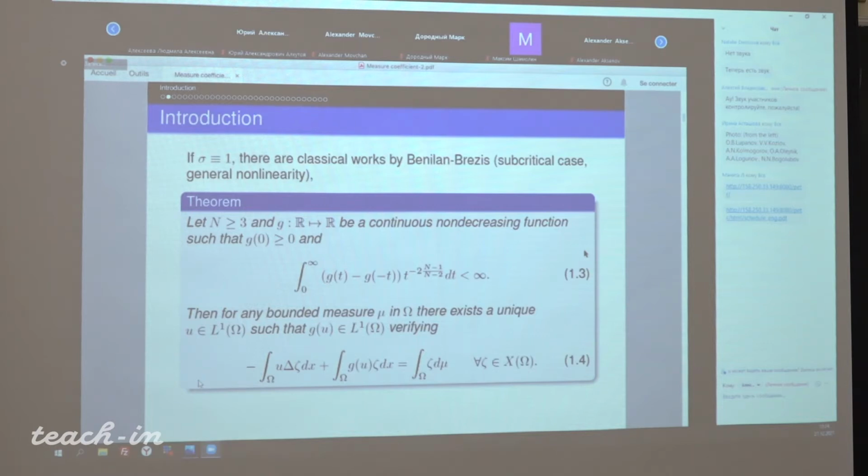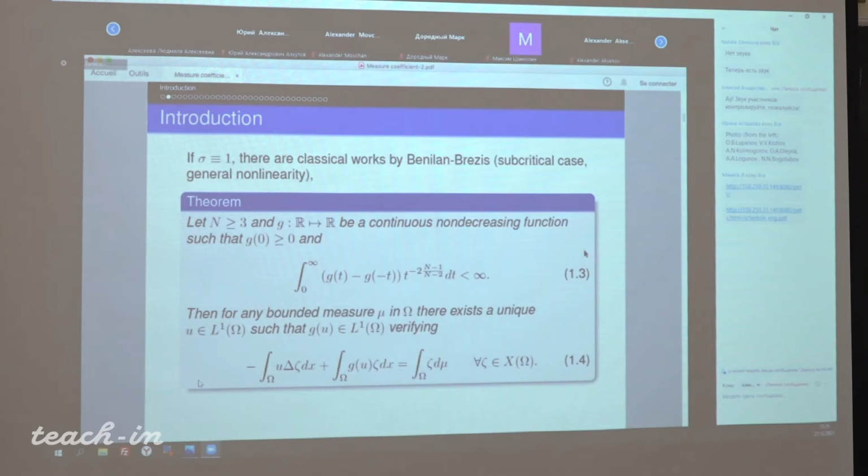You assume that n is bigger or equal to 3. G is a continuous, non-decreasing function, vanishing at 0, and assuming an integral condition: the integral of G of t minus G of minus t times t to the minus (2n minus 1) over (n minus 2) dt is finite.